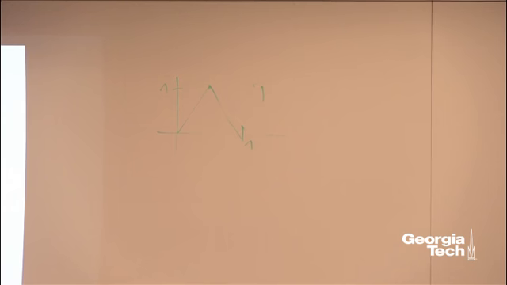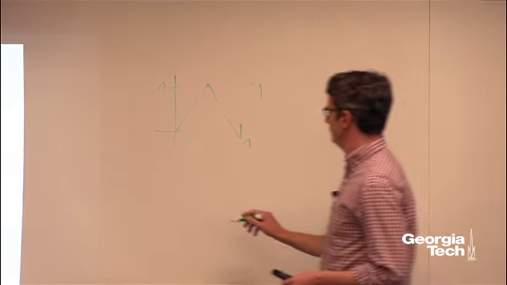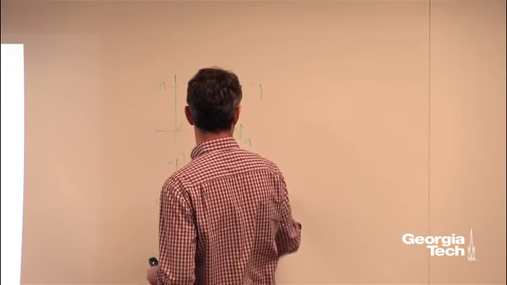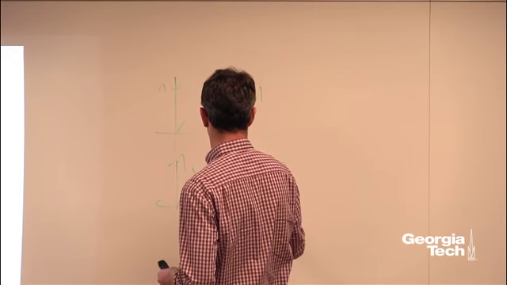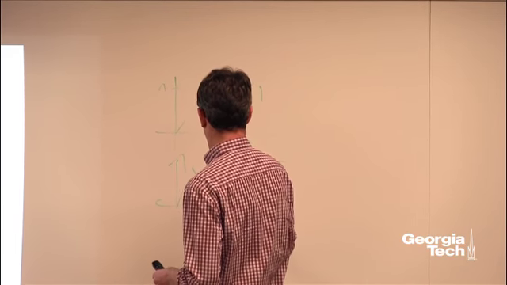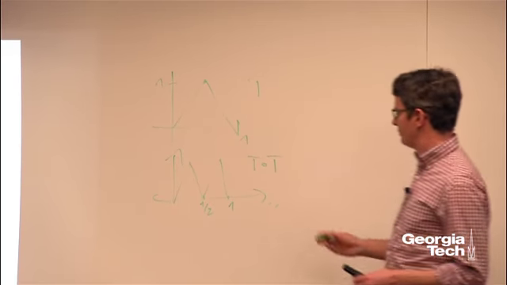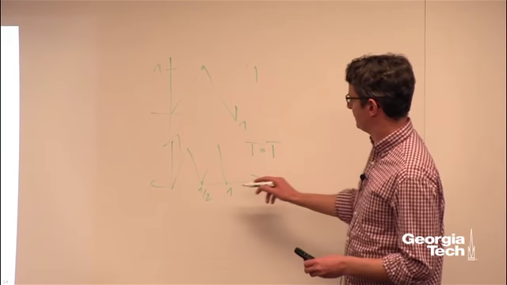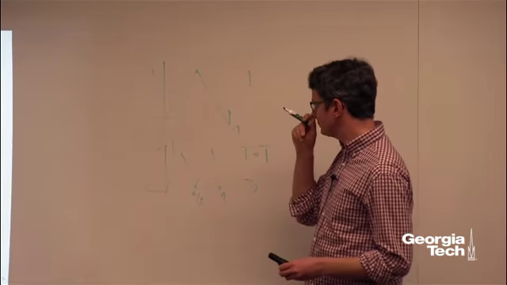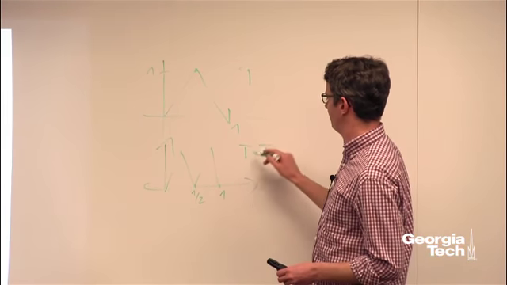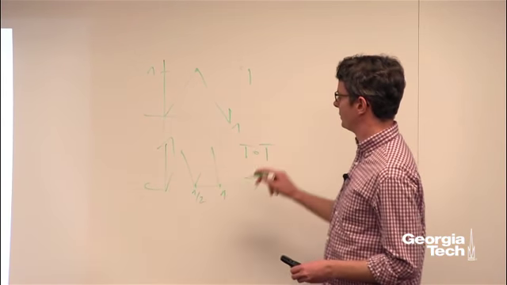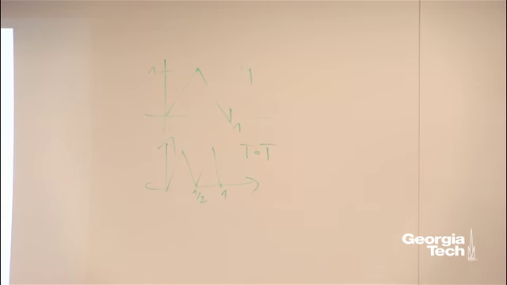If you apply T to itself, then you get this. With every step you double the number of these triangles. So if you have T composed with T, you get 4, and then 8, and so on.